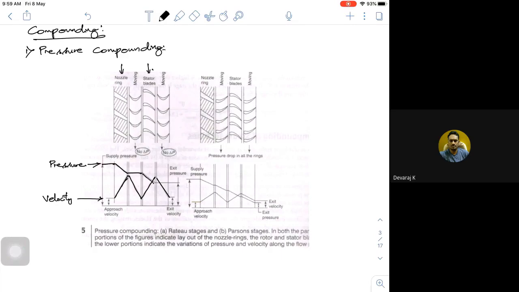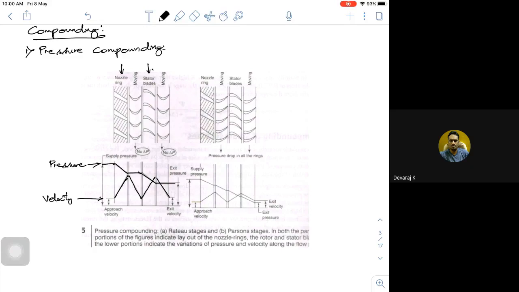Your velocity is increasing in the stator, but the pressure is dropping, and in the rotor the pressure is almost constant. If the pressure remains constant in my moving rotor and the kinetic energy is absorbed, we call such machines pressure compounding.